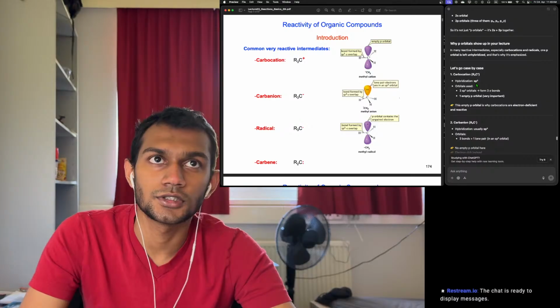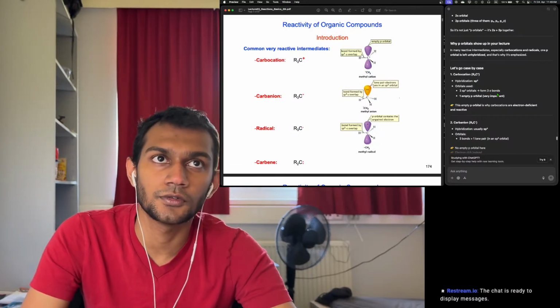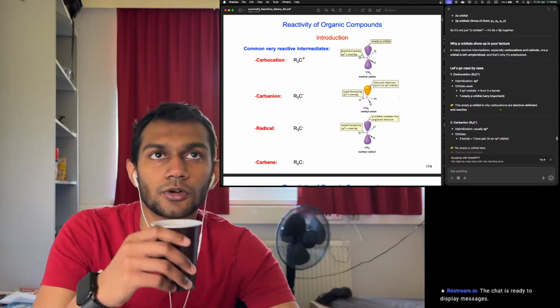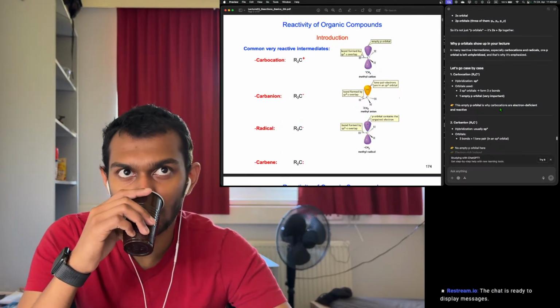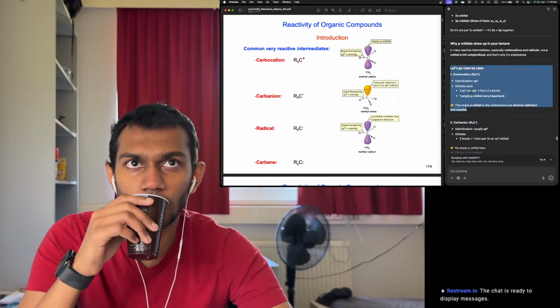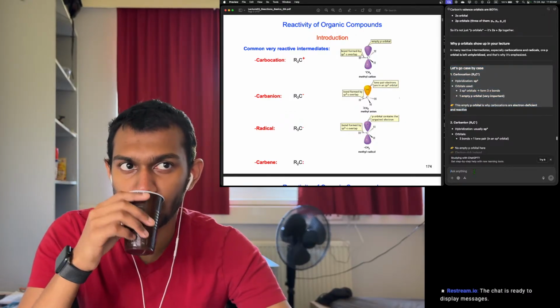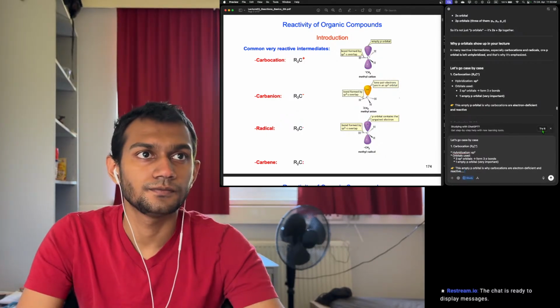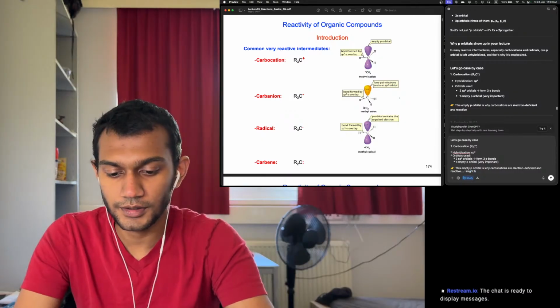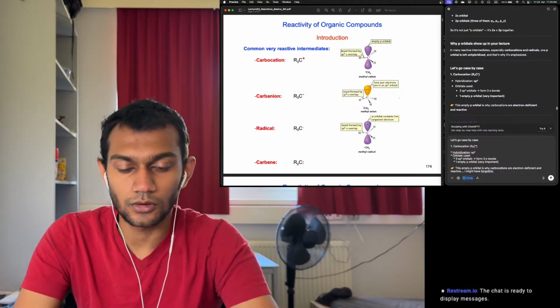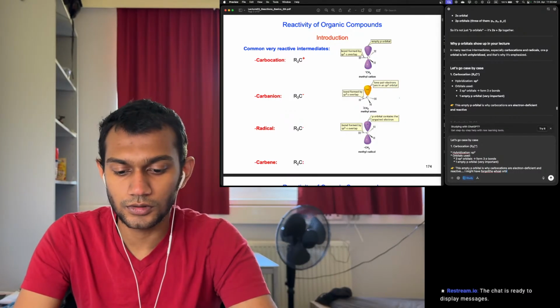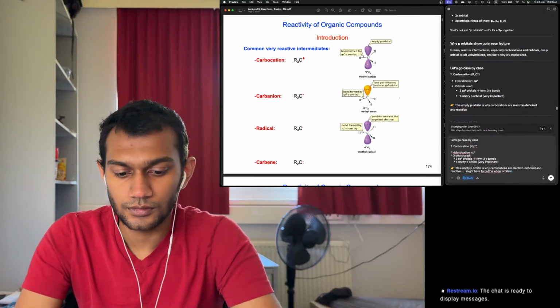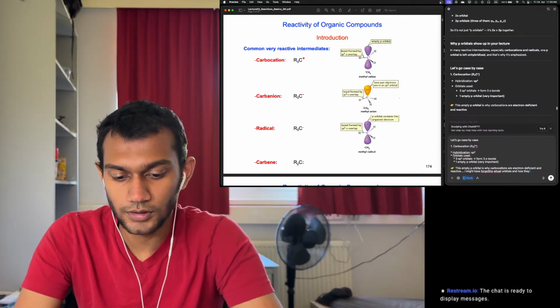Carbocation: hybridization sp2. Orbitals used: three sp2 orbitals form three sigma bonds, and one empty p orbital. I might have forgotten the whole orbitals and how they work.